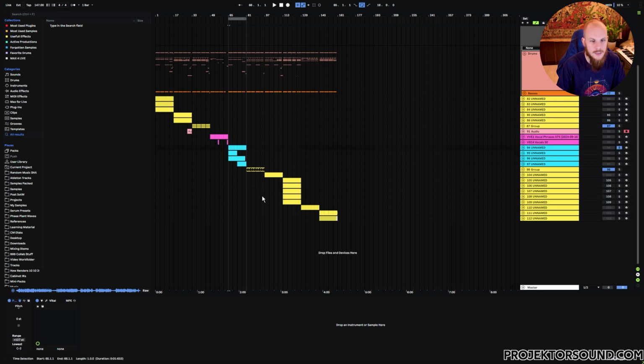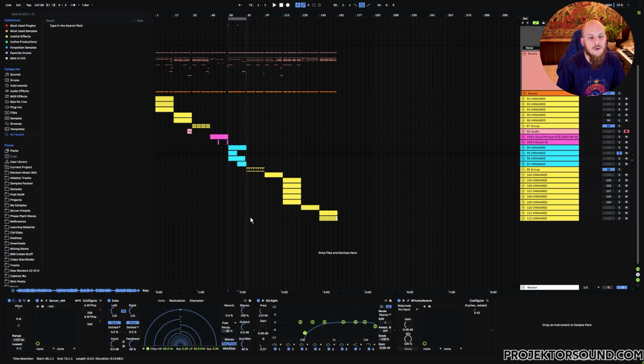We have this plucky one over here that repeats every bar. Then we have this one over here, which is based on a very specific wavetable.